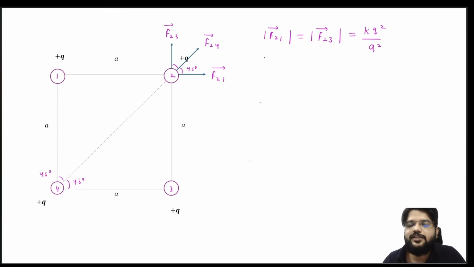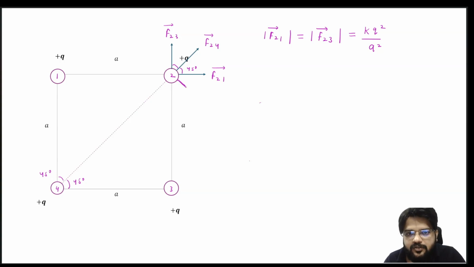All right. Now the next thing is what here? Resolve this F21 along the diagonal, correct? So if we resolve this, let's see what we will get, everyone. This is F21. So one component is here, and with this diagonal it is making 45 degrees.